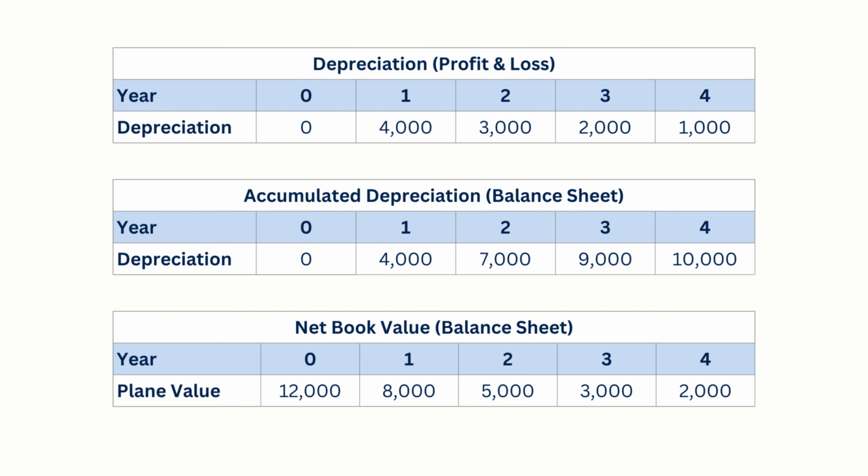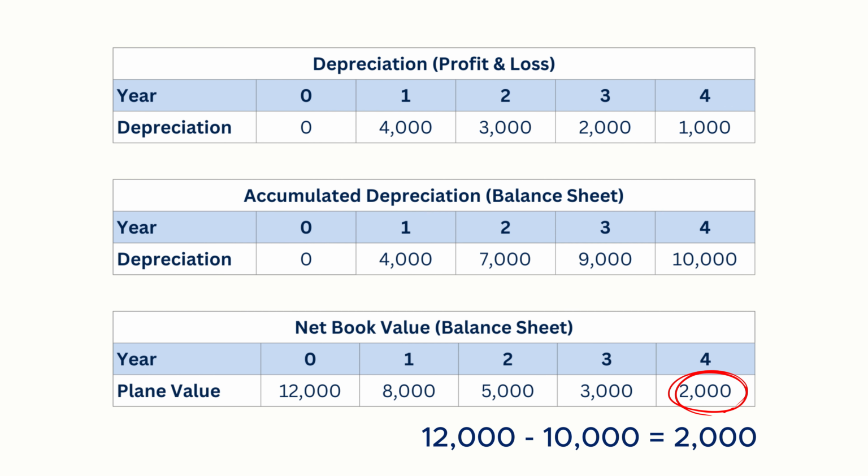Finally, the bottom table shows the net book value of the machine on the balance sheet. Net book value is calculated as cost minus accumulated depreciation. The machine starts at £12,000 in year 0. As depreciation accumulates, the net book value reduces: £8,000 after year 1, £5,000 after year 2, £3,000 after year 3, and finally £2,000 after year 4.